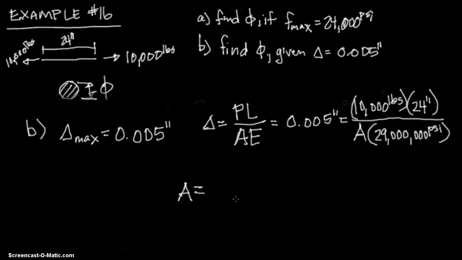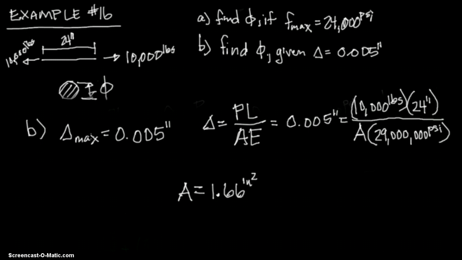You know it right off the bat. But you're going to have 10,000 times 24 divided by 0.005 divided by 29 million. And your answer is 1.66. And that's going to be in inches squared.